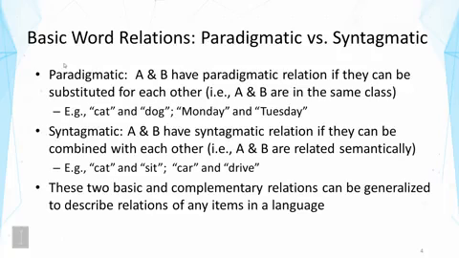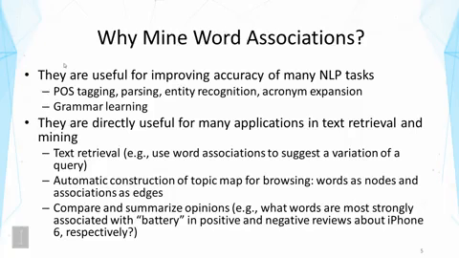So they occur in similar locations relative to the neighbors in the sequence. Syntagmatic relation, on the other hand, is related to co-occurring elements that tend to show up in the same sequence. So these two are complementary and are basic relations of words, and we're interested in discovering them automatically from text data. Discovering such word relations has many applications.